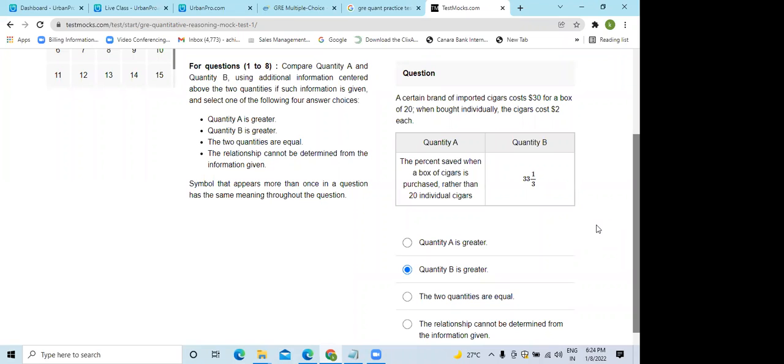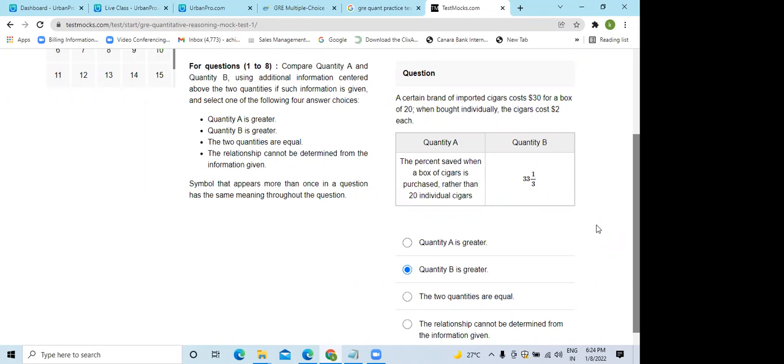1 by 5 is 20%. 1 by 6 is 16.66. 1 by 7 is how much? About 14.28. 1 by 8 is 12.5. Just check it out.